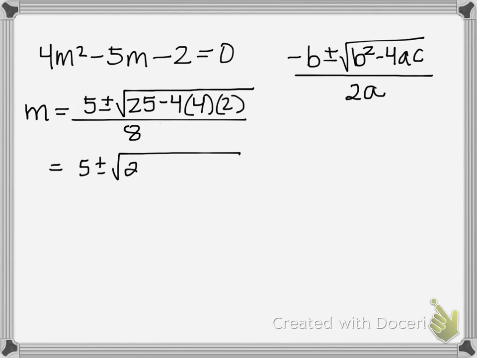This is 25 minus 32 over 8. Let me see if I did that. Let's check if we did that correctly. So there's b squared, 25, and then 4ac. That's 4 times 4 times negative 2.